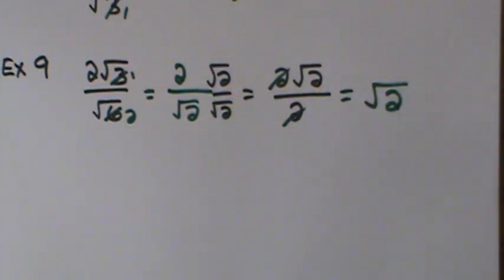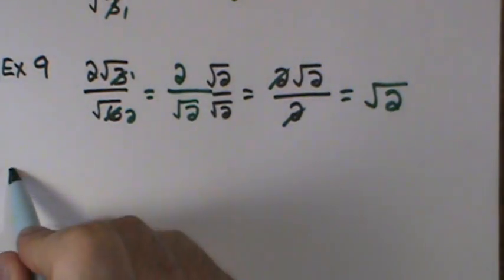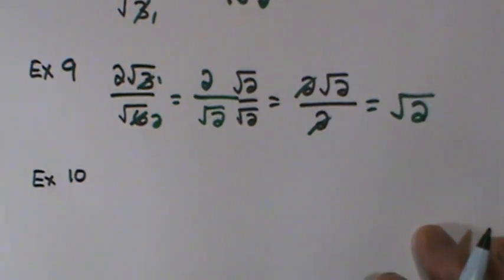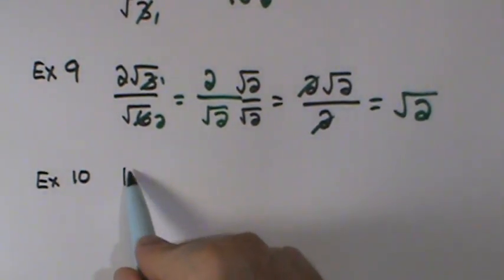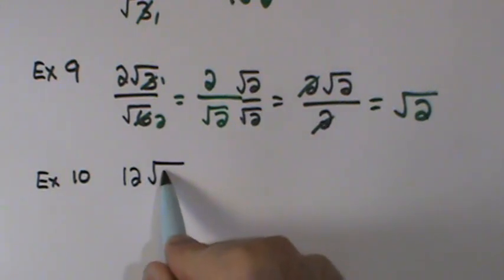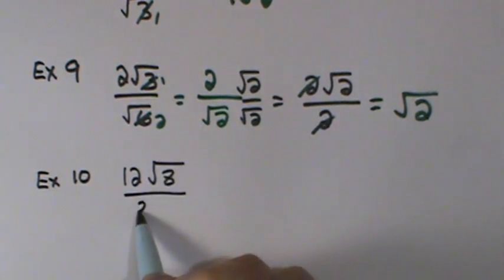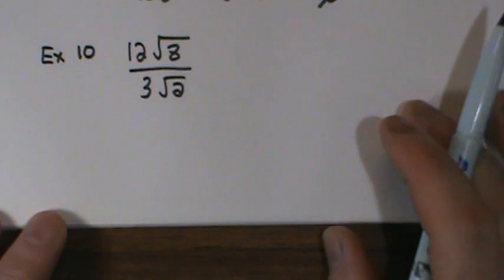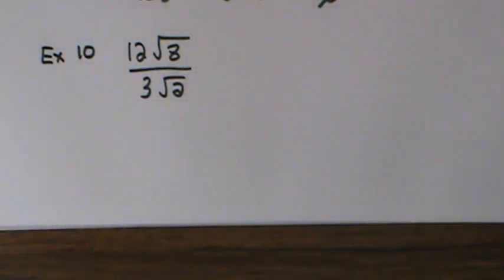We're going to keep moving. We'll do an example 10. With example 10, I've got 12 radical 8 over 3 radical 2. Just like problem 9, you have to ask yourself, is there an opportunity to cancel or reduce?